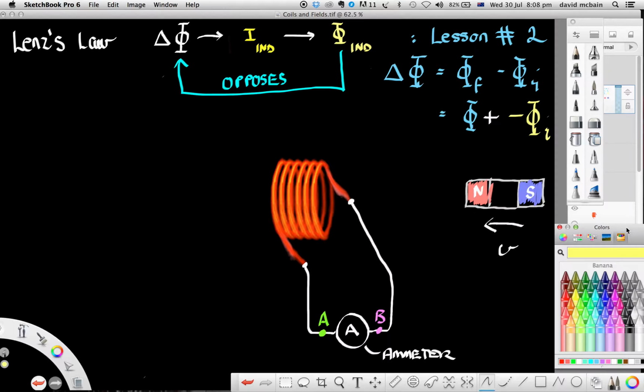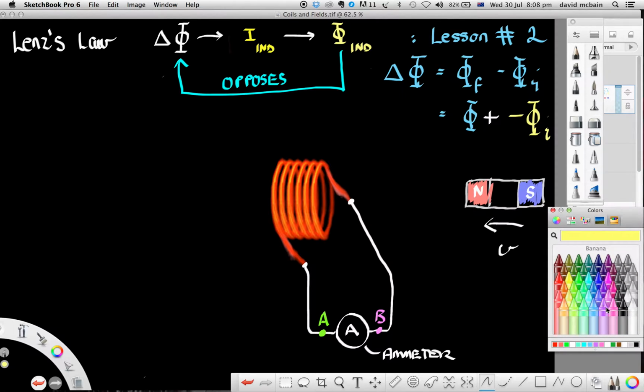So here's how we do it. And it's actually not that hard. What we need to do is break down this problem. We need to work out what the change in flux is and use that to follow this little flow diagram. In order to work out the change, we need to know what the initial and the final flux are. So first we work out the direction of the initial flux, and then the direction of the final flux.